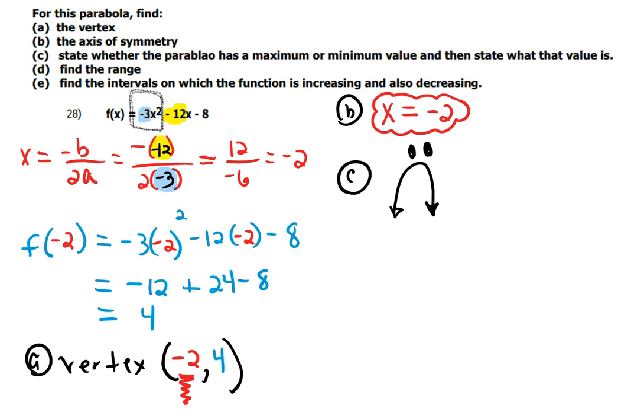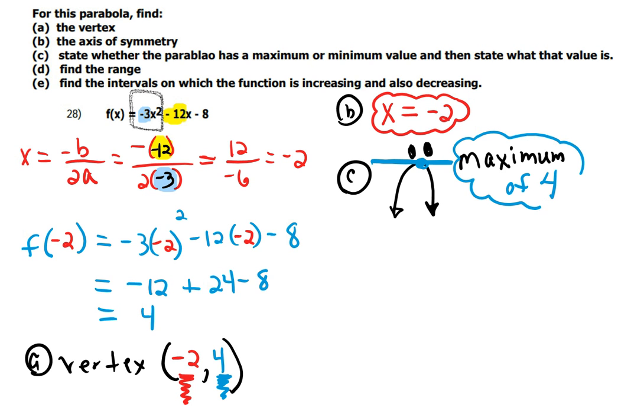Anyway, so that is going to be a maximum. And remember, you're looking at how high it is. So this point right here, the height is the y coordinate. So it has a maximum of 4. So that's my answer to part C. It's a maximum of 4.